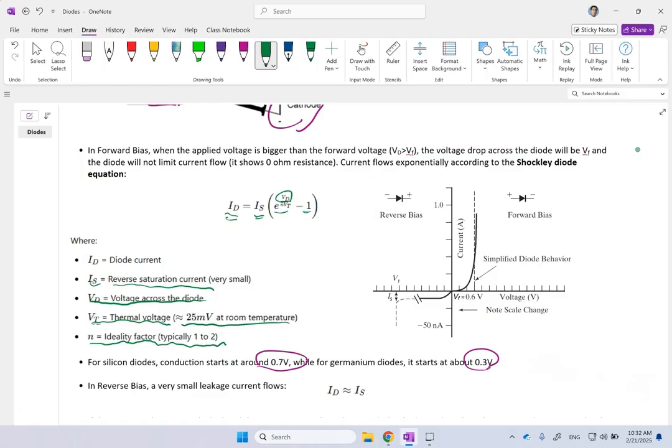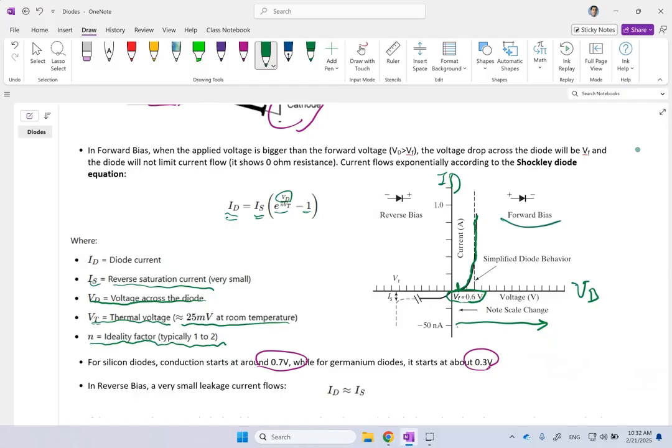So if you plot V versus I, or in this case I versus V, so this is VD and this is ID, you see that the behavior is exponential. But as long as your voltage is bigger than some initial voltage of 0.6 or 0.4 or 0.5, whatever it is, once you pass that, you get some exponential behavior in this region, which is called the forward bias.